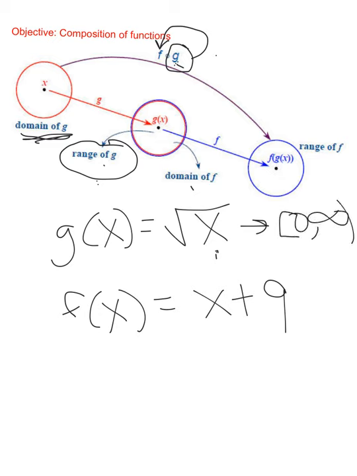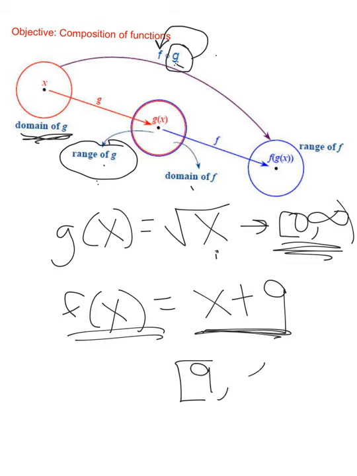But that means when I'm plugging into f, that's going to have an effect on the range of f. Because my domain is restricted, my range is going to be restricted. So the smallest number I can get out of here is 9, if I plug in 0. So this is 9 to infinity, the range.